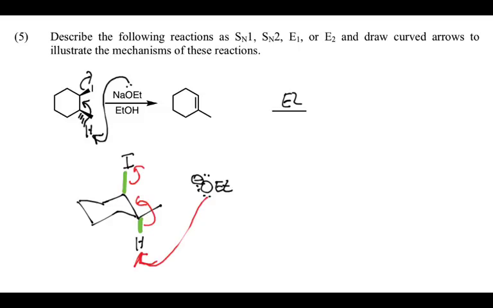Gotcha. Okay. There could be examples where it really can't flip, okay? Where you pretty much can't do an E2 process. For example, with a decalin system, like if you have 2 fused rings.